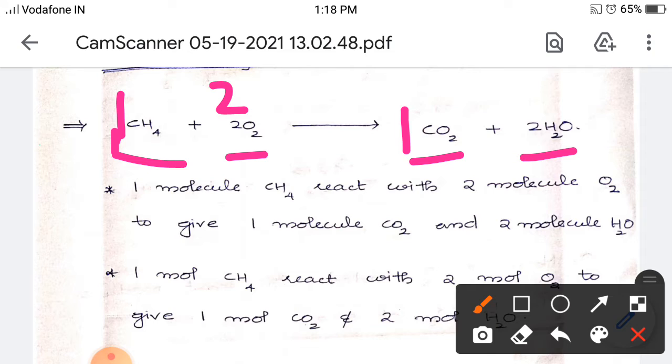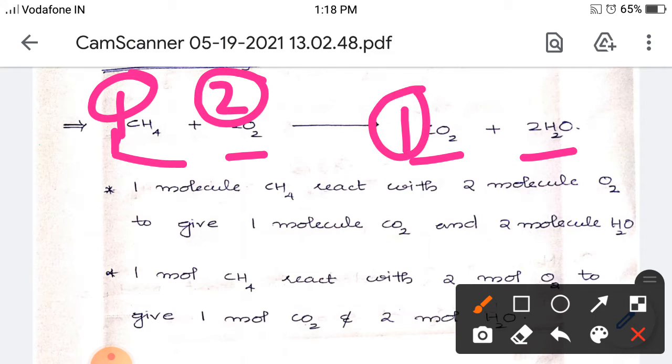That means here one molecule CH4. We can take these numbers 1, 2, 1, 2 as stoichiometric coefficients.